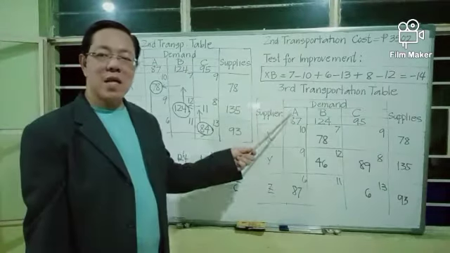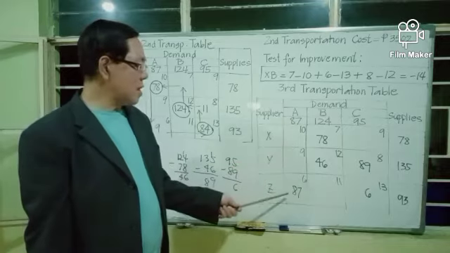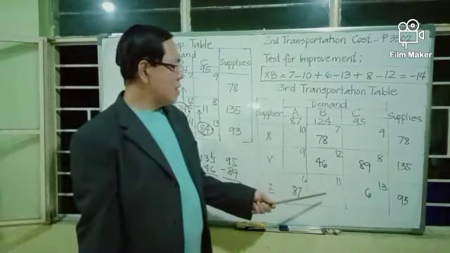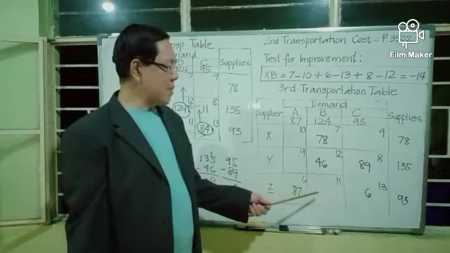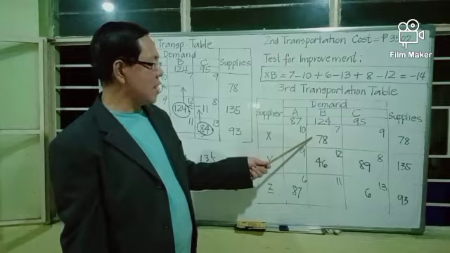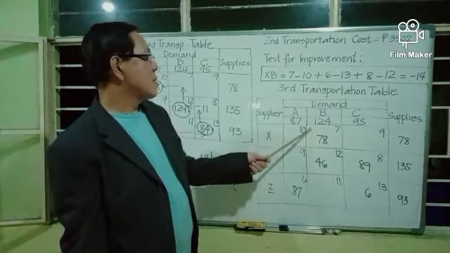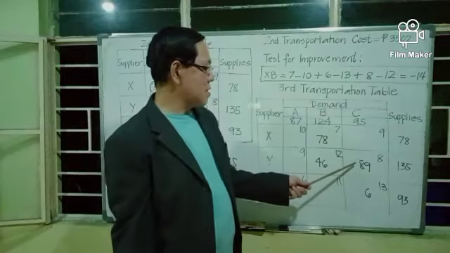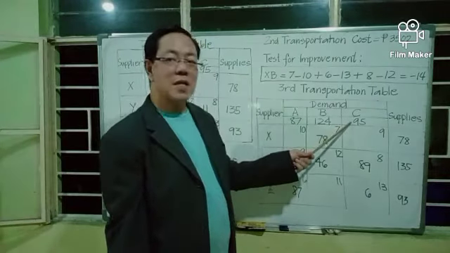Add the numbers vertically downward. 87 plus 0 plus 0, 87. 0 plus 46 plus 78 is 124. 6 plus 89 is 95.